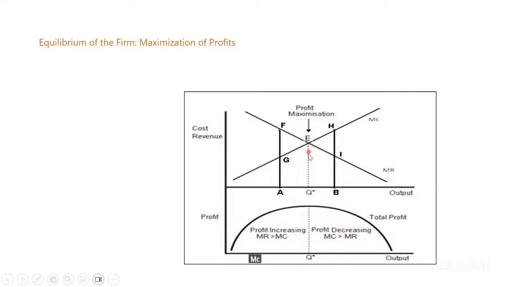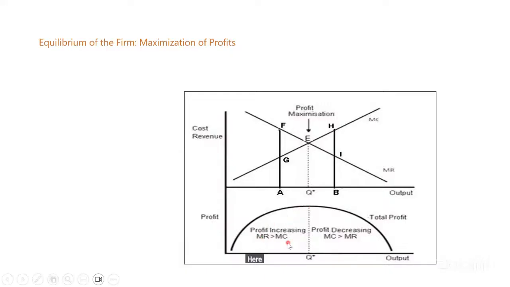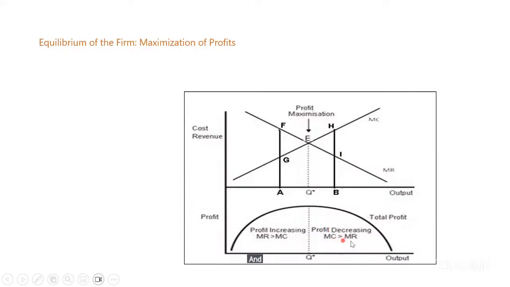From this point, when you drag a line down, you get this point, right? So this is the profit curve. Profit is maximum at this point. Here, MR will be more than MC. Here also you can see the profit, but it is not at the maximum level. And here MC is greater than MR. It means there is loss. So this is the point where the firm will enjoy the maximum profit. Got it?